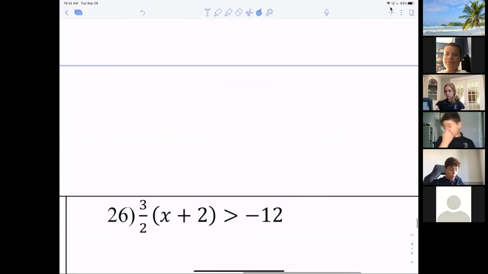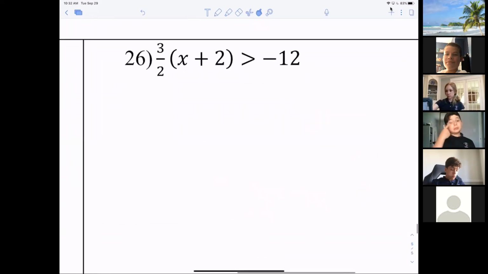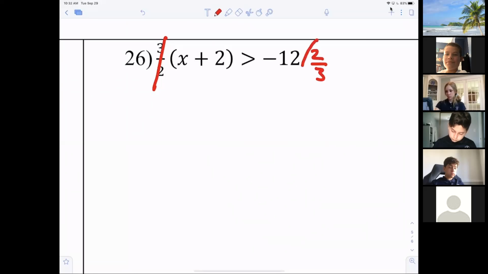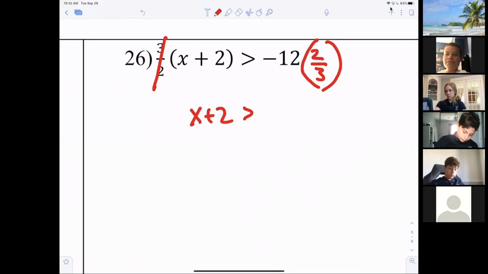Let's take a look at number 26. So again on 26, we just have to multiply by the reciprocal. So I'm going to cross out the 3 over 2 and put 2 over 3 here. And so now x plus 2 is greater than what? What is it? 18?